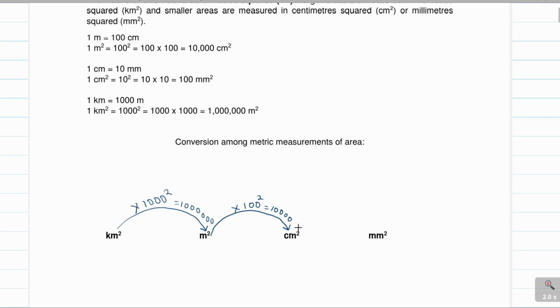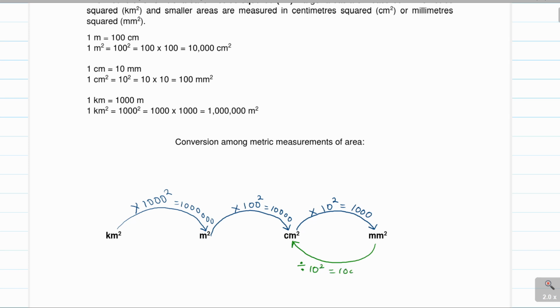If we wanted to go from centimeters squared to millimeters squared, we know that 1 centimeter is 10 millimeters. So we would multiply by 10 squared, which is 100. Alright. Now when we want to go from millimeters squared to centimeters squared, we will do the opposite. We will divide by that 10 squared.